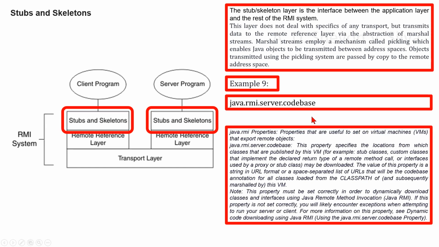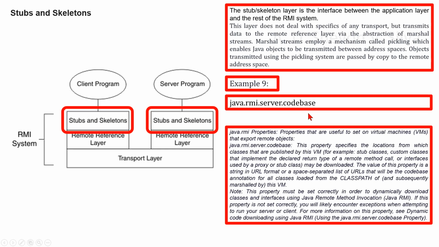Now we are considering properties that are useful to set on virtual machines (JVMs) that export remote objects. The java.rmi.server.codebase property specifies the locations from which the classes that are published by this VM, for example stub classes, custom classes that implement and are declared as the return type of a remote method call, or interfaces used by proxy or stub classes, may be downloaded.